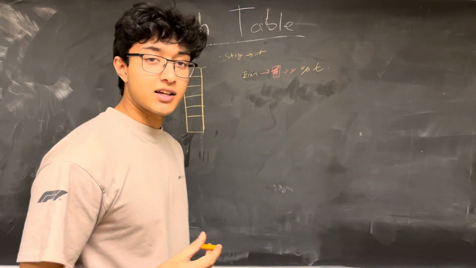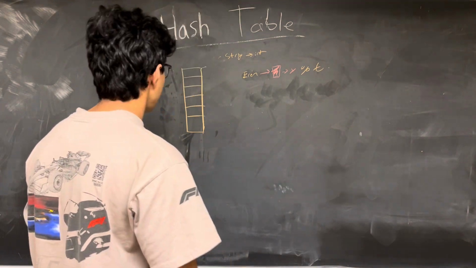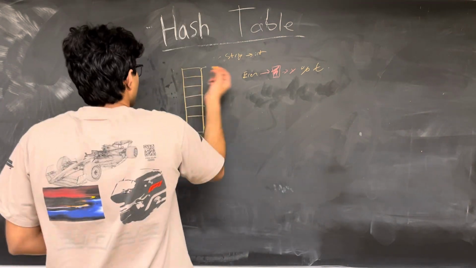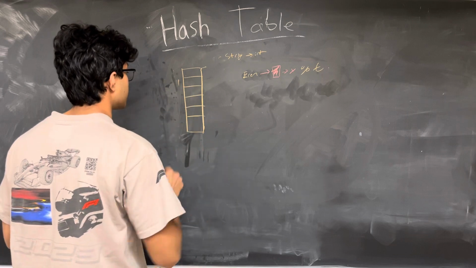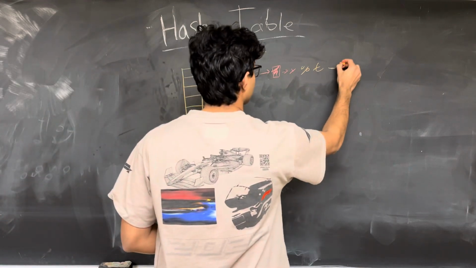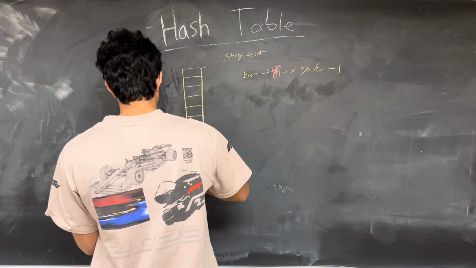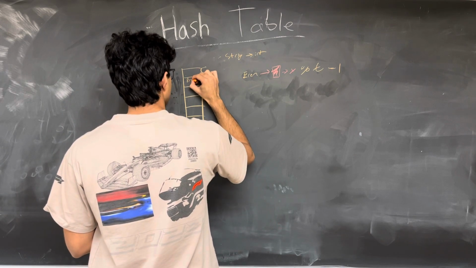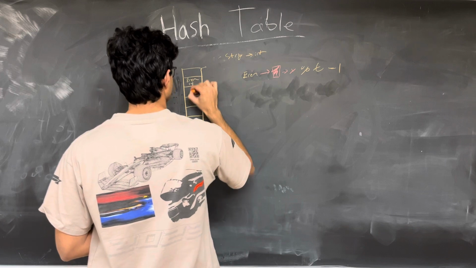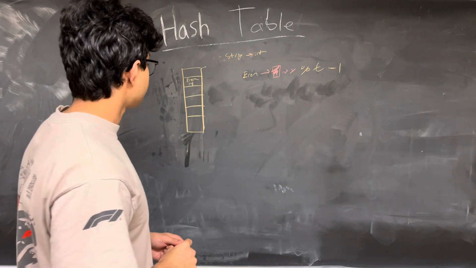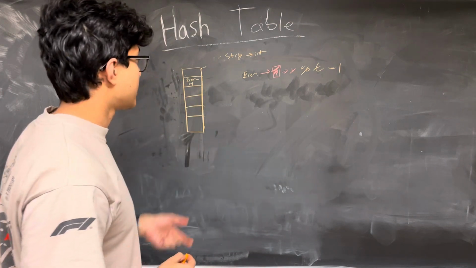So mod 6 to get the index. In this case, that'll go to index 1, just for whatever reason. We'll say it's equal to 1, and then we would put Aaron here. Let's say his ID is 14. So Aaron 14 goes in index 1.